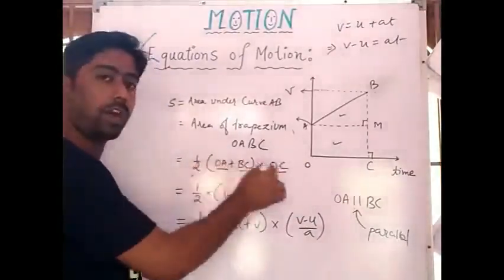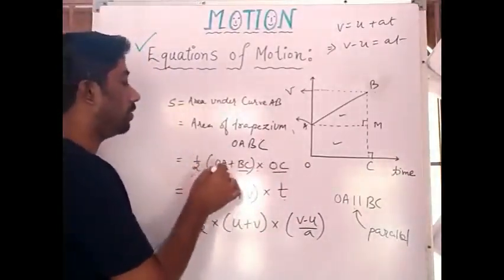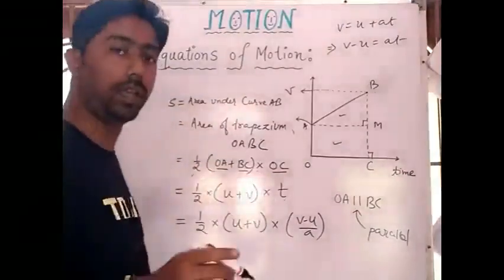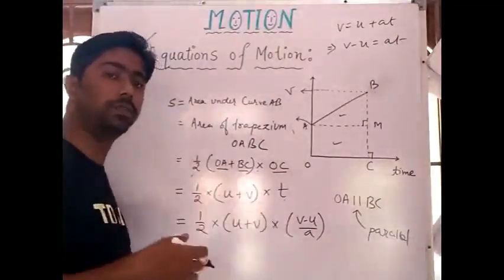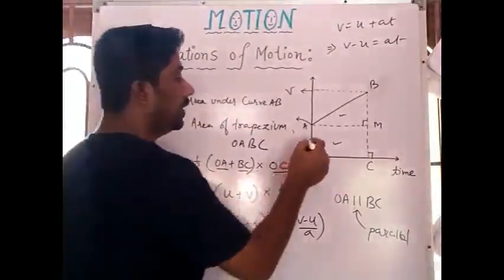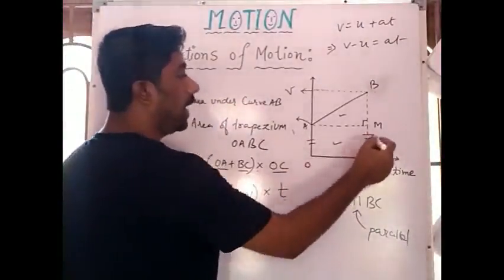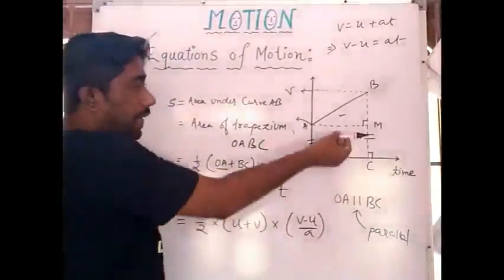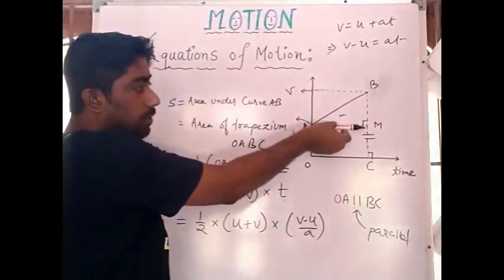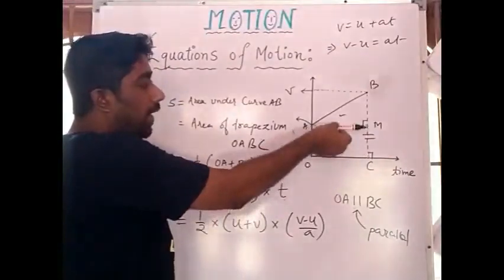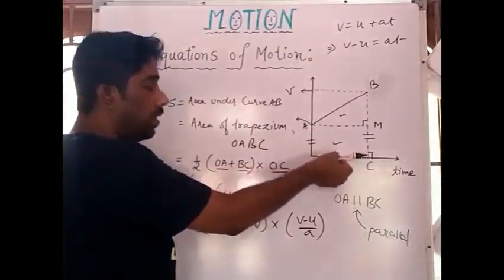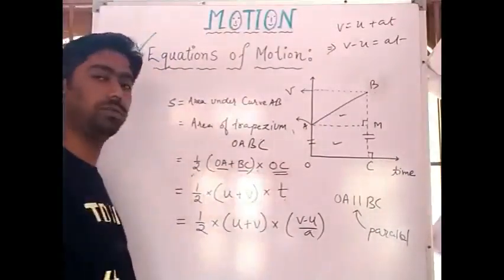The perpendicular distance means the shortest distance between them, like this. So you can write either AM or you can write OC. So we are writing OC.